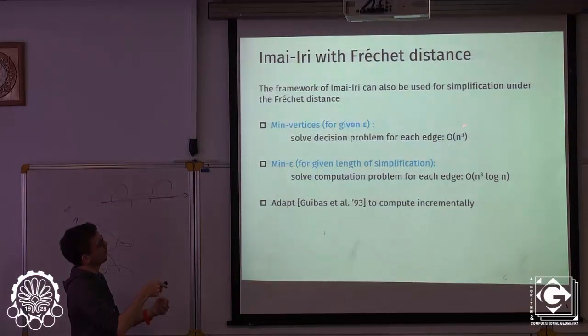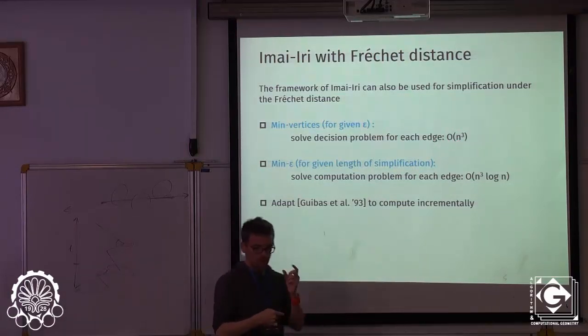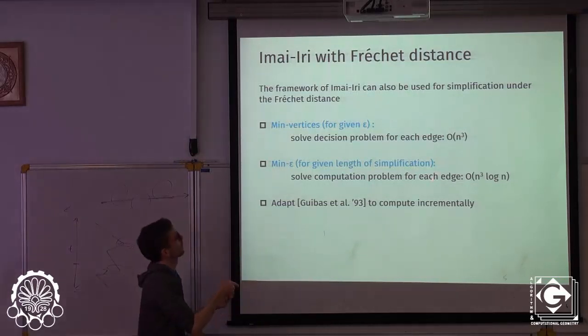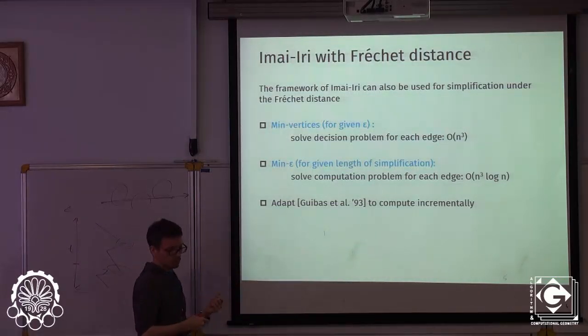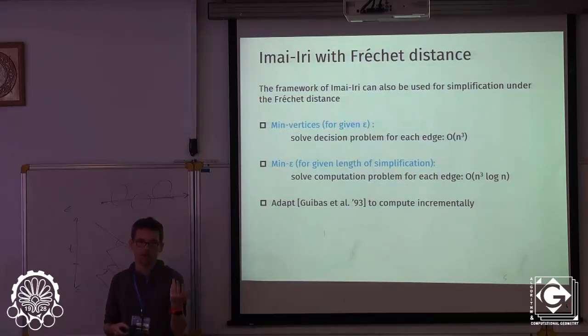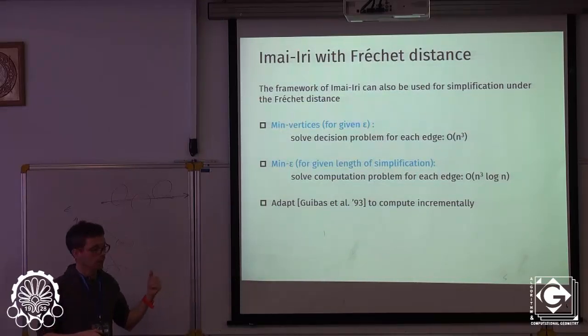And this is then back to the original framework, with a linear amount of time per test. So that is then cubic time. So if you want to use the Fréchet distance, it comes at the cost of an extra linear factor.